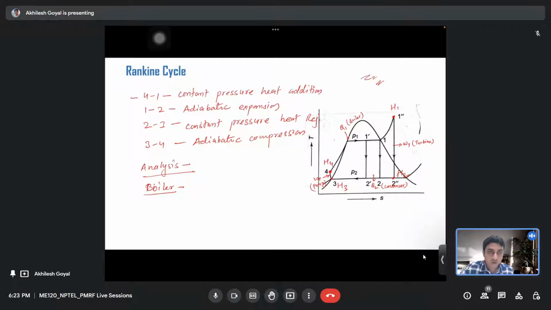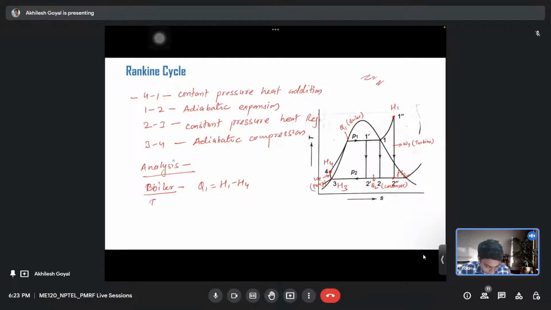So in the boiler, water takes heat Q1, and the enthalpy of this water goes from H4 to H1. So we can easily write that Q1 is equal to H1 minus H4.